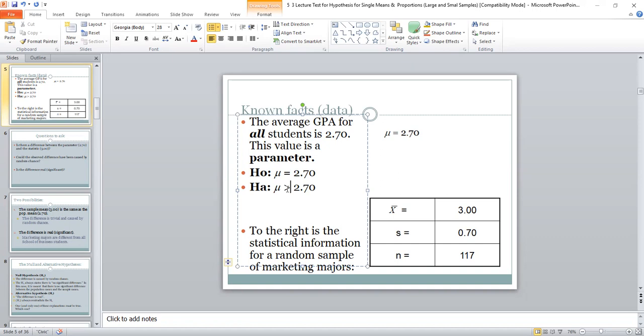Then go to step 4, and I hope you're writing this. Step 4 is to display the test statistic.